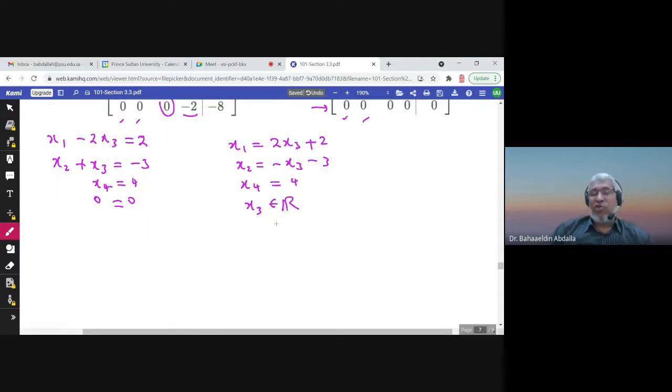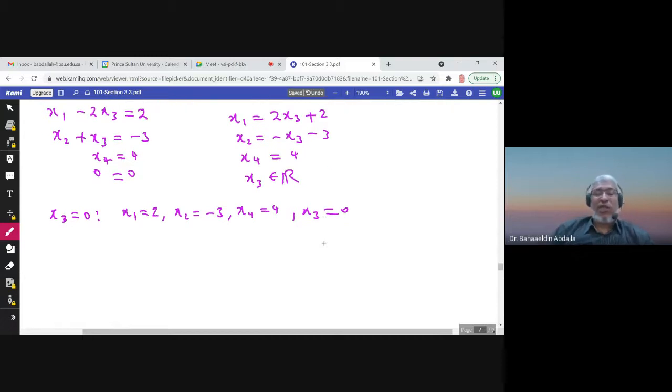Infinitely many solutions. If you want to find one solution of these infinitely many solutions, you can choose x3 to be any number. So for example, if I choose x3 equals 0, what would happen? x1 would be 2, x2 would be negative 3, x4 is always 4, and x3 would be 0. So this would be the solution if x3 is 0.